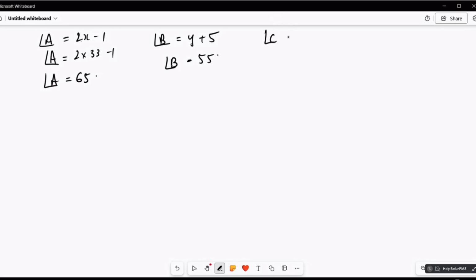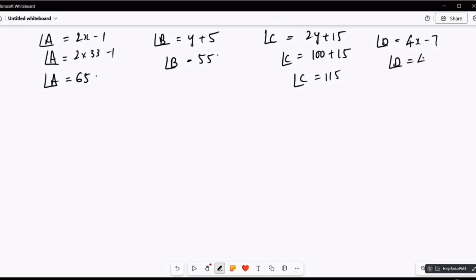Now angle C, 2y plus 15. 2 into y is 100, 100 plus 15, yeah, 115. Then angle D, 4x minus 7. So that is equal to 4 into 33 minus 7. So we will get it as 125.